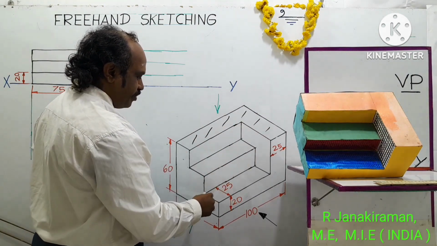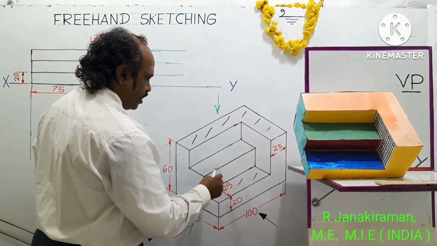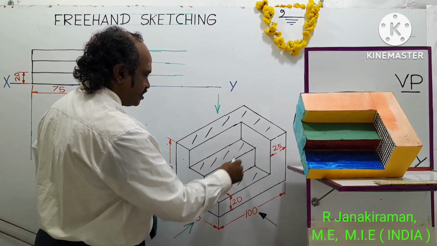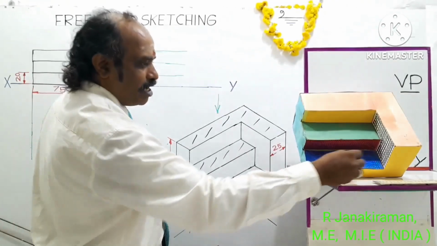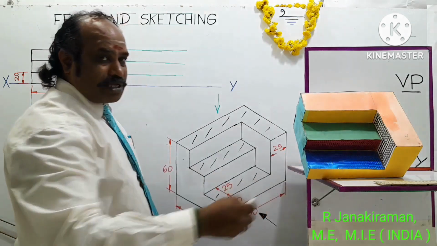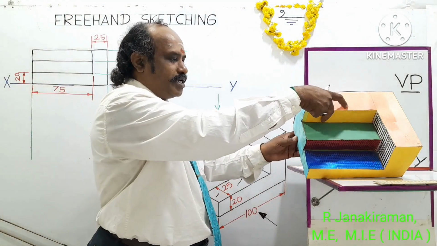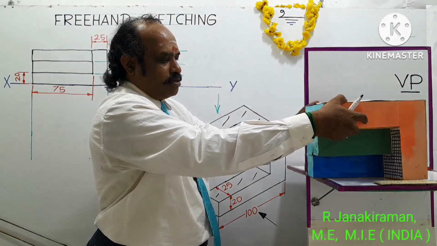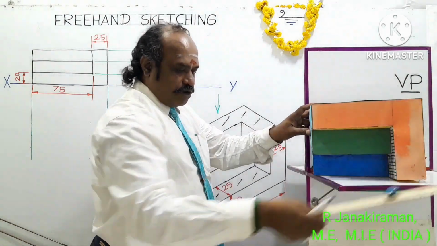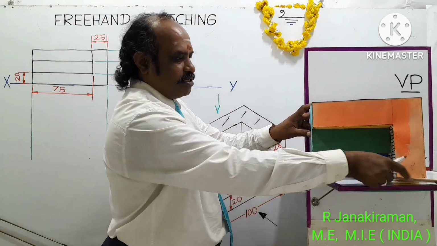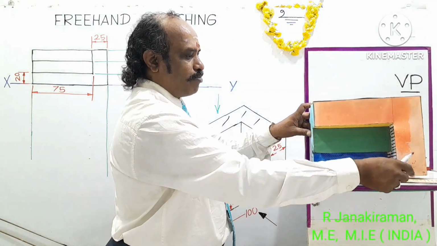And you can see the breadth of step 1, breadth of step 2 shall also be seen. This green part, blue color part, this orange portion will be visible to the observer. So these are the portions visible to the observer. I turn the object so that you can see the camera. The view obtained is called as top view or plan.